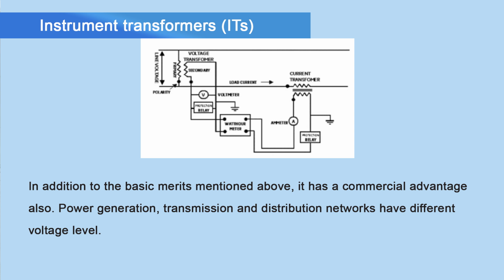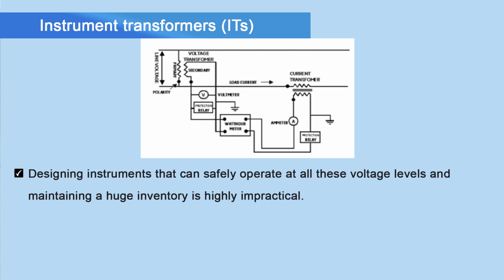In addition to the basic merits mentioned above, it has a commercial advantage also. Power generation, transmission and distribution networks have different voltage levels. Designing instruments that can safely operate at all these voltage levels and maintaining a huge inventory is highly impractical.